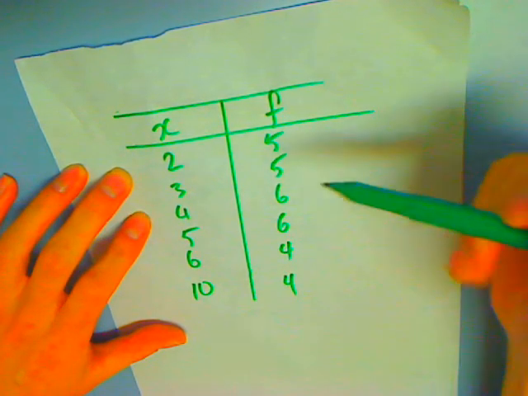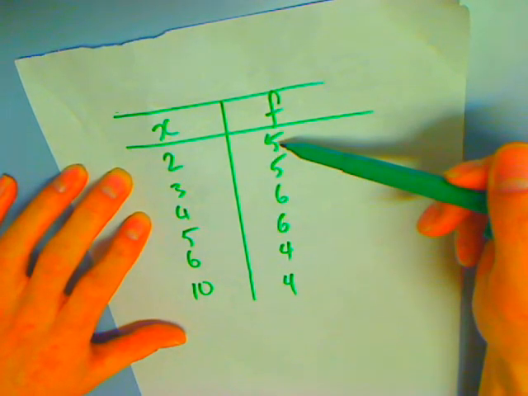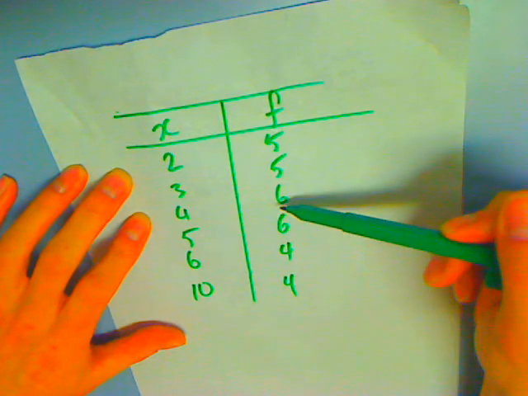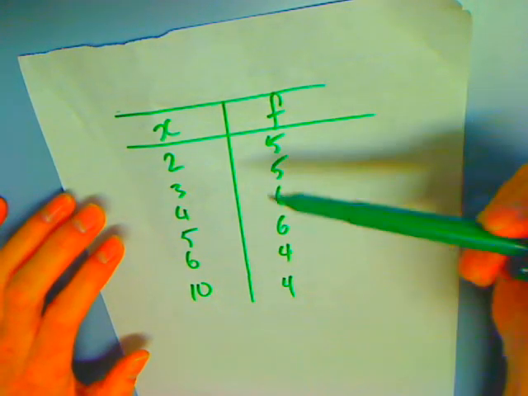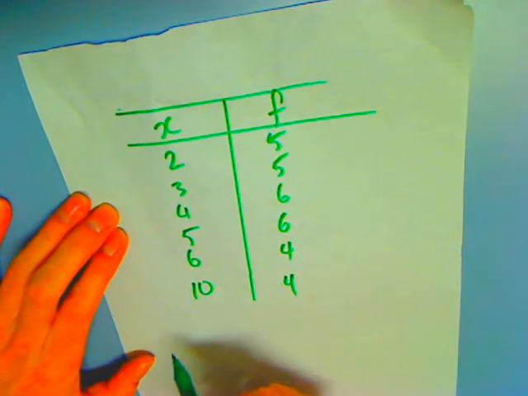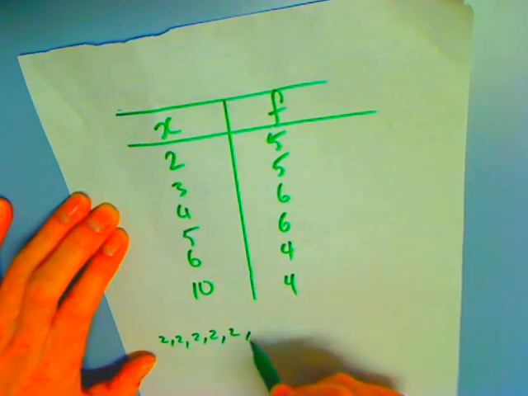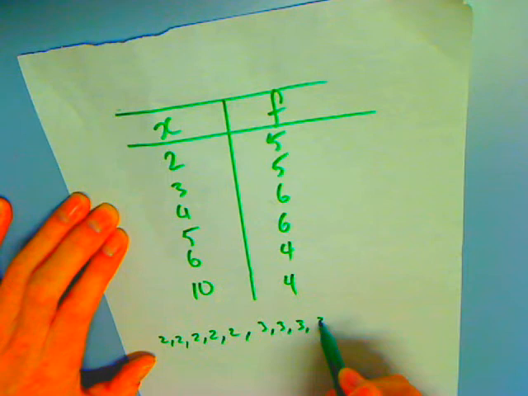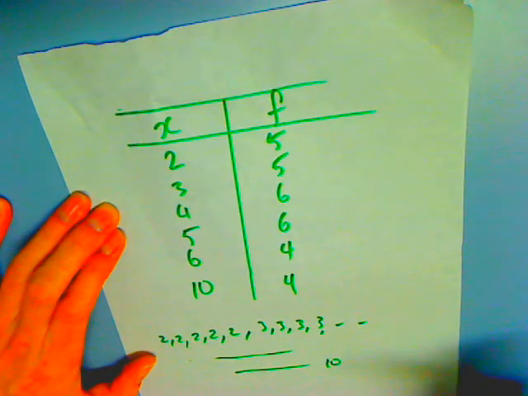Now, each person gets $2. 5 of you got $2. 5 of you got $3. 6 of you got $4. 6 of you got $5, and so on. Now, I could add up all the numbers individually. I could say the first 5 people got 2, 2, 2, 2. The next 5 people got 3, 3, 3, 3. I can go all the way up to 10. But that's a waste of time.